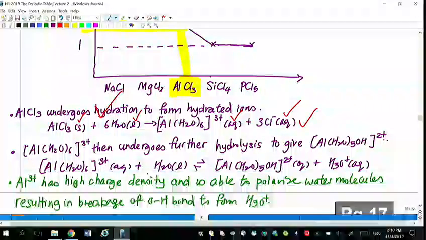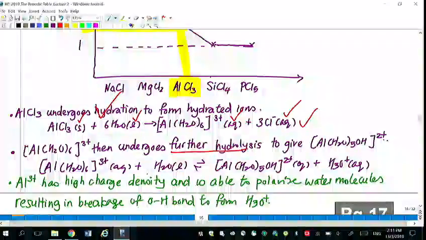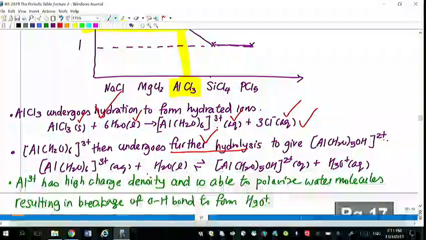Second, after it forms your hydrated ion, this hydrated ion with 6 water molecules surrounding your aluminum cation will undergo further hydrolysis. I will check whether you mention the word hydrolysis. Then I check your equation. The common mistake that some of you will definitely make is that from Al3+, it will become 2+ in your product.